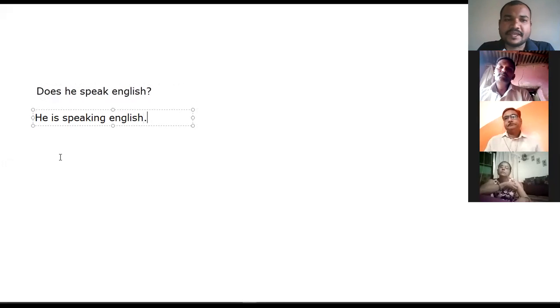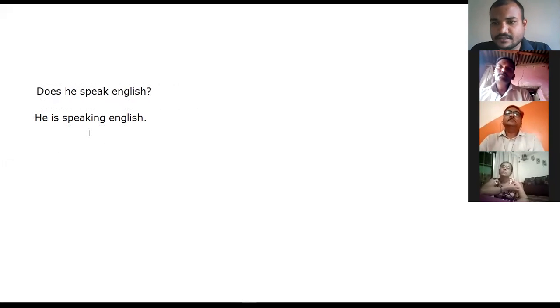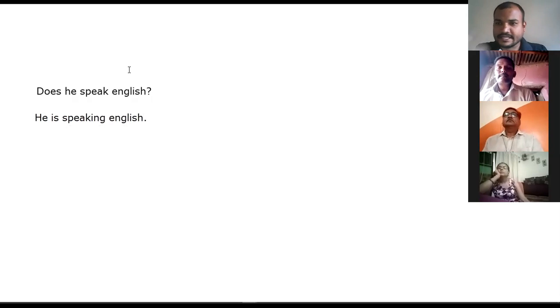Right. He is speaking English. Okay. So it's not simple present tense. It's present continuous. Correct? So in the present continuous, we don't need to bother about the do forms and all, because the helping verb is already there. Okay. So in that case, what is the subject here? He.